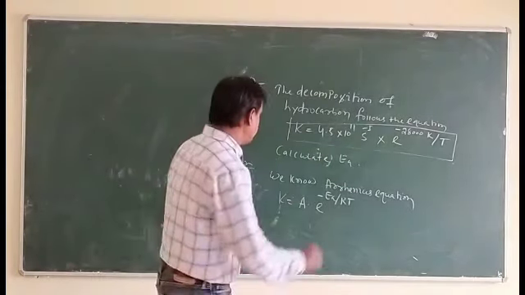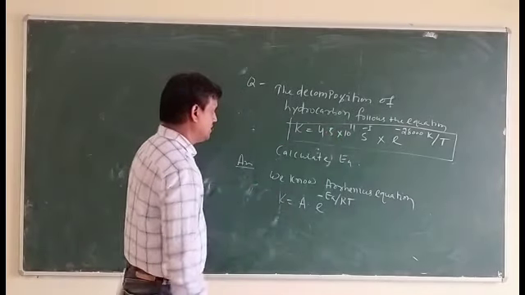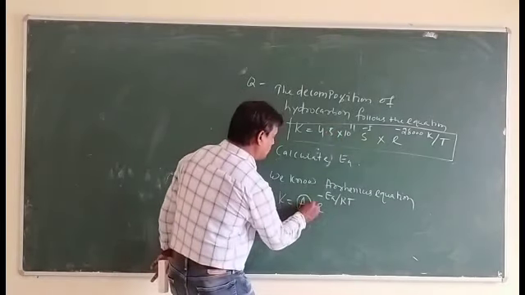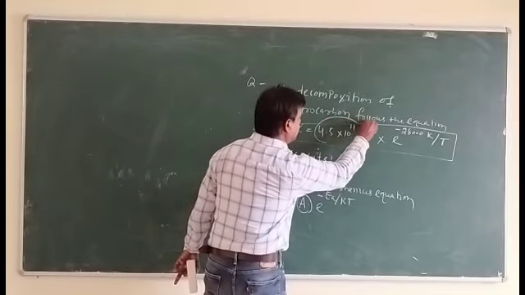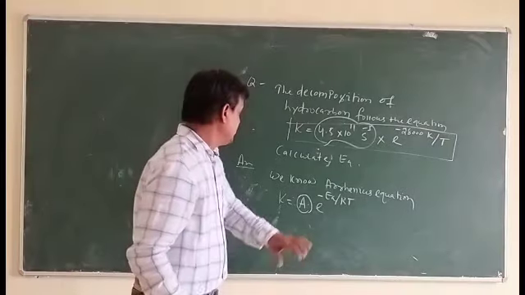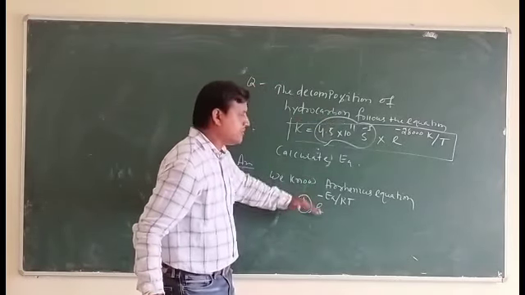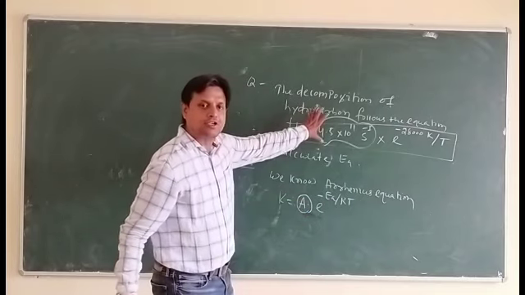So if you match this equation with this, your A must be equal to 4.5 into 10 to the power 11 second inverse. Yes or no? This is our Arrhenius equation, and this equation is a mathematical form of it with some values put in.